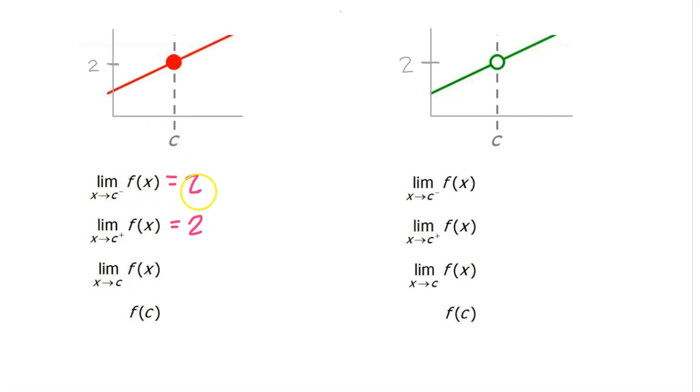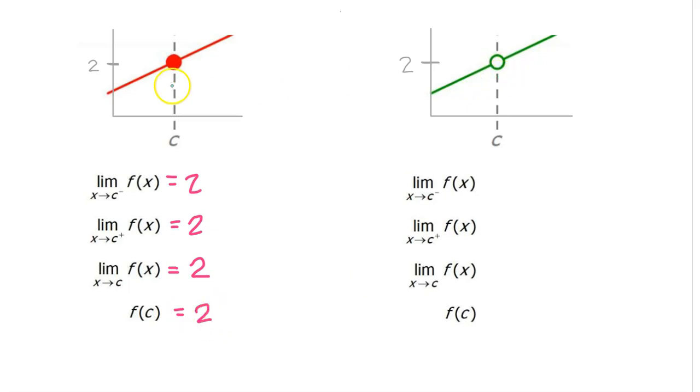Since the left-sided limit is equal to 2 and the right-sided limit is also equal to 2, the overall limit exists and it is equal to 2. This expression f at c means the value of f at c, and that is also 2.